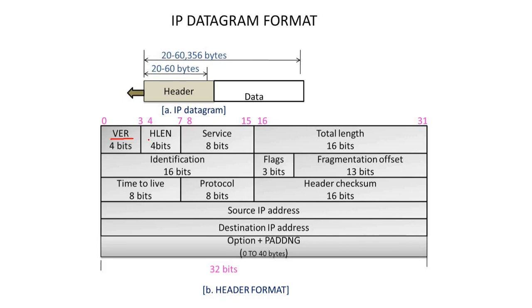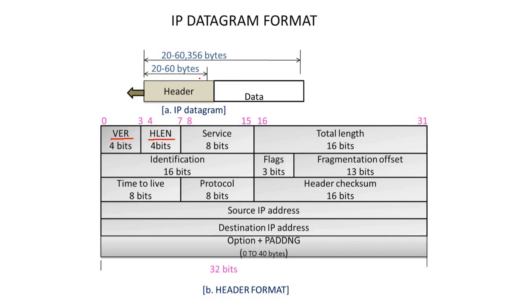Another field is the header length. As we have discussed, that is the total header size. We can keep the size of the header from 20 to 60 bytes. Typically people keep the header up to 20 bytes only, but we can keep it up to 60 bytes. So the header length gives the total size of the header.